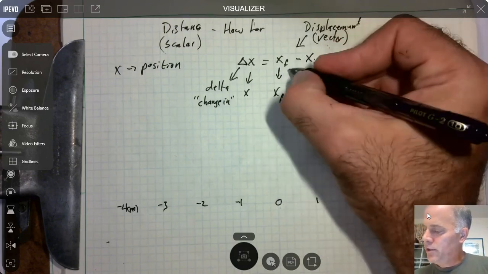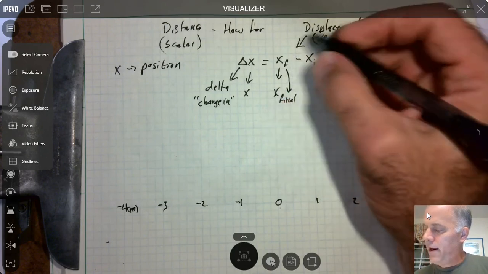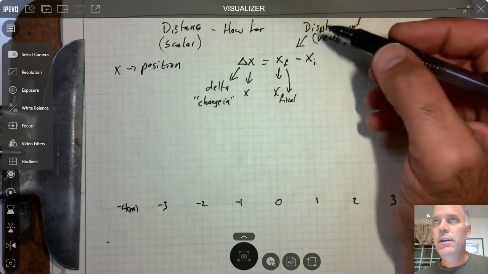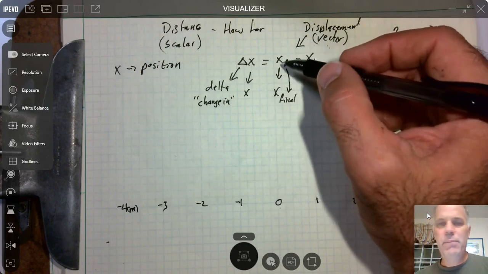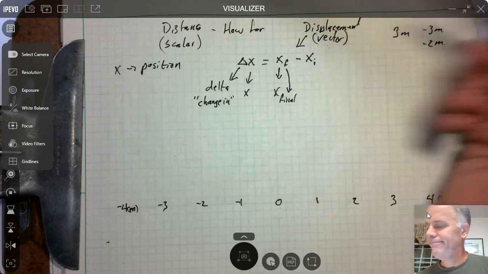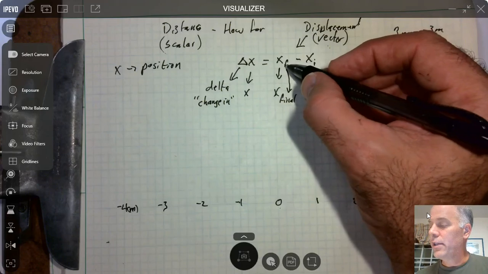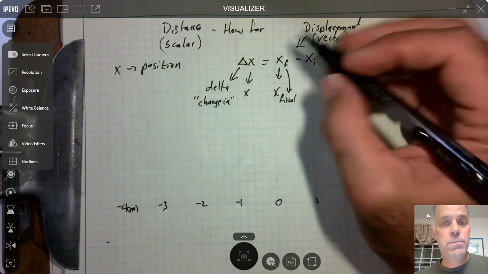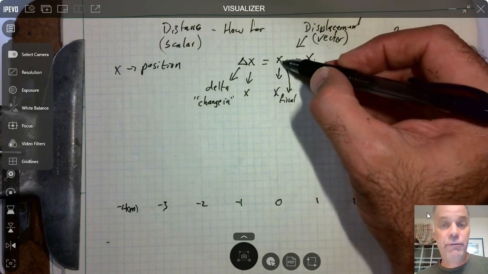So x is x, but with a little lowercase f down to the side, so we can specify what we're talking about. In this case, we're talking about the final position.